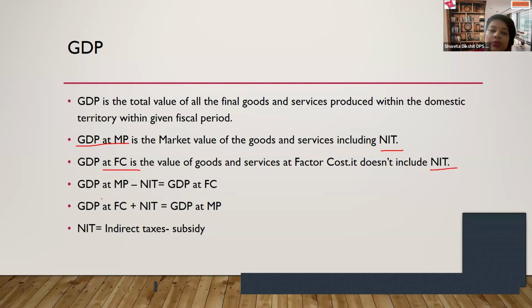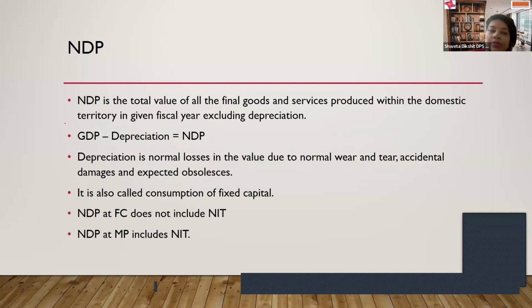So when you have GDP at MP and you want to convert it into FC, you just need to subtract NIT as just discussed. And I told you that NIT is equal to indirect tax minus subsidy. Now coming to the next two aggregates, NDP.